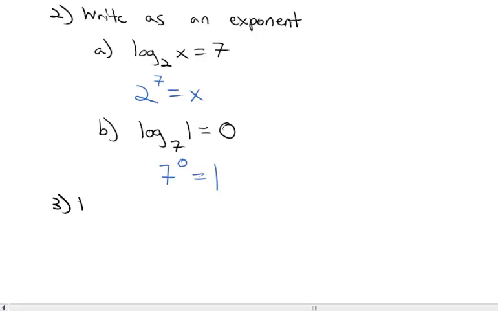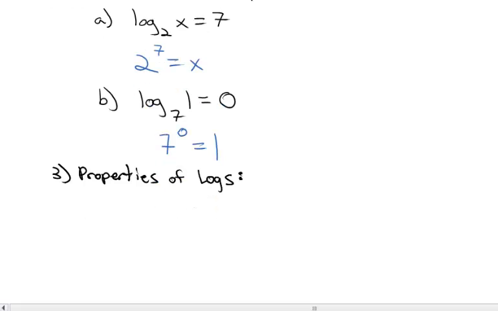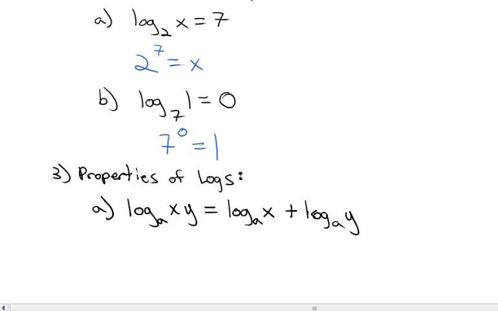Now, we do have some properties of logs that are very similar to the properties of exponents, because logs really are exponents. If we have the log base a of xy, we could expand that to the log base a of x plus the log base a of y.